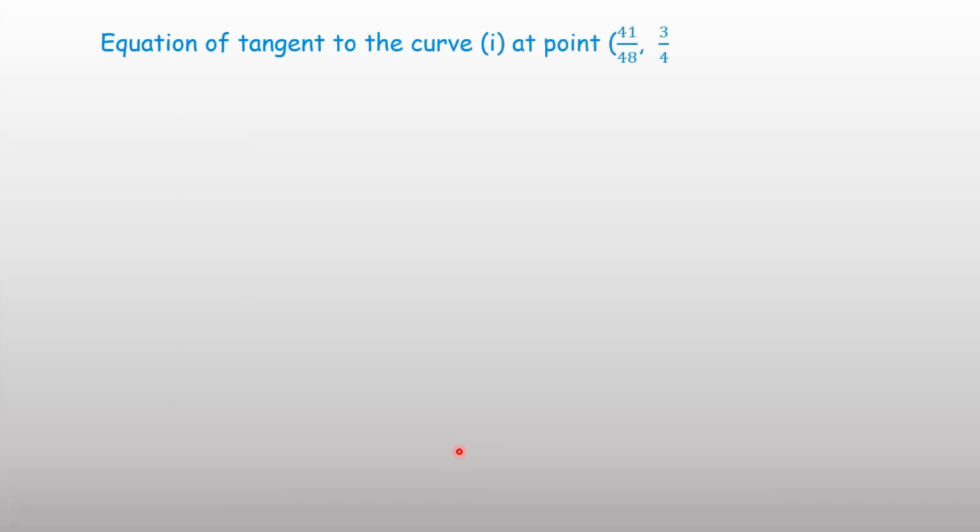Now the next step: the equation of tangent at the given point we can write using the formula y minus b equals m(x minus a). y minus b means y minus 3 upon 4 equals slope of tangent m times (x minus a).